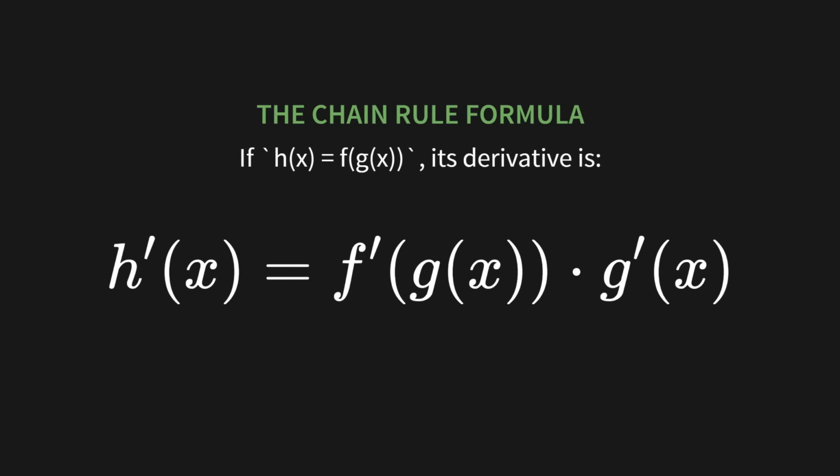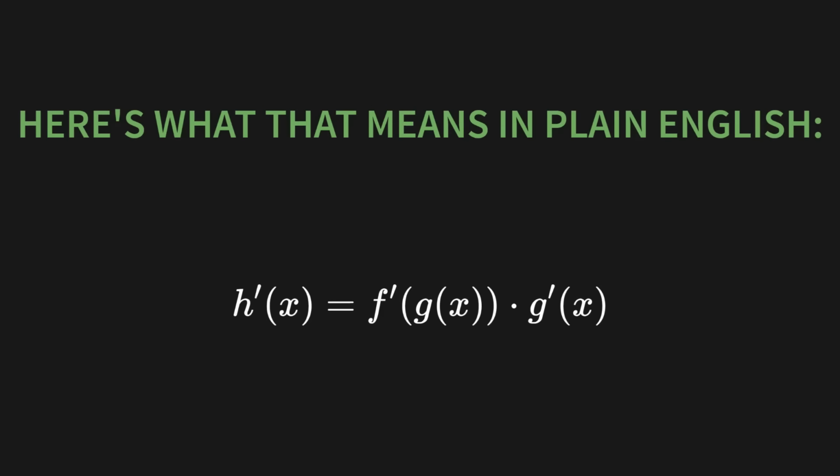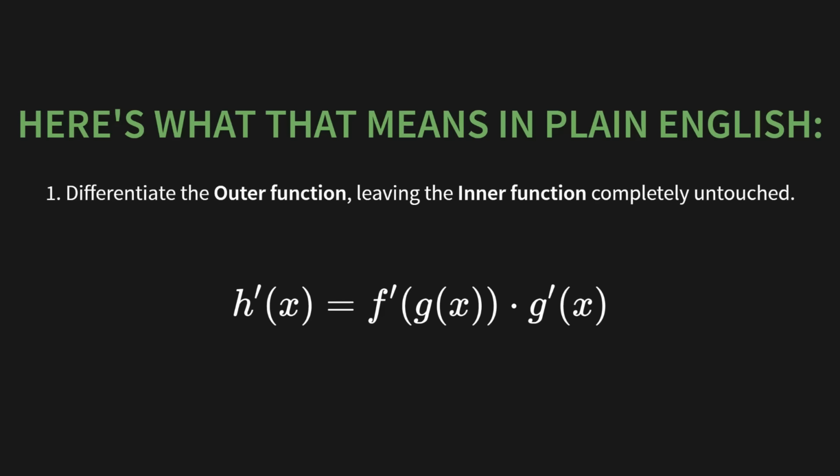Now here's the chain rule formula. If h of x equals f of g of x, its derivative is h prime of x equals f prime of g of x times g prime of x. Okay, that looks a little abstract, I know. Here's what that means in plain English. First, differentiate the outer function, leaving the inner function completely untouched. Just leave it there.